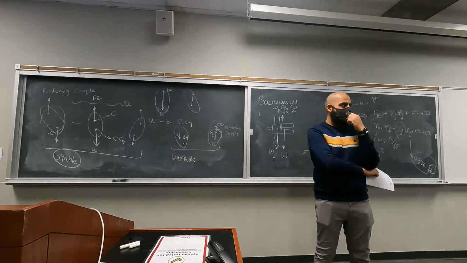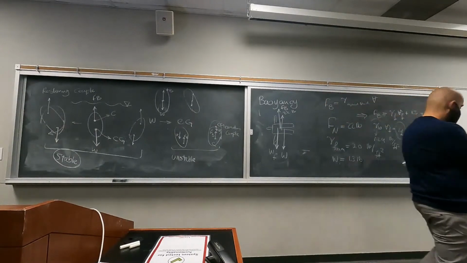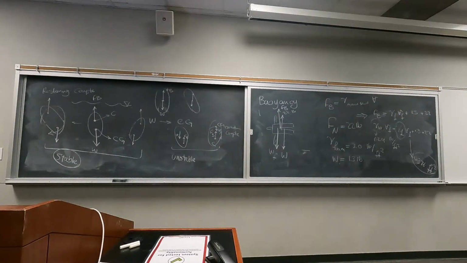No one? Just think about it. To have a couple, we need to have an arm. The forces have to be distant. What is the distance between the two forces here? Zero. Exactly. Whoever said it, zero.